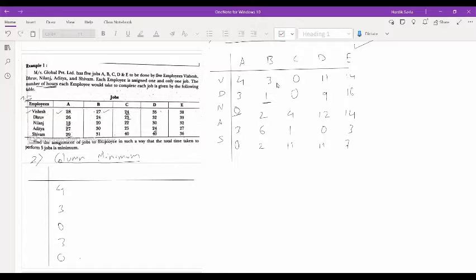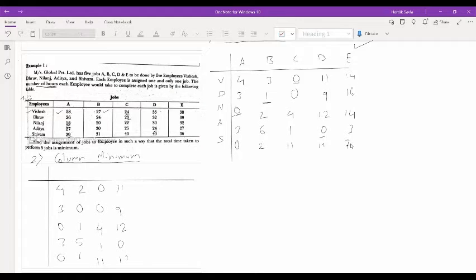So when you subtract 1 from all the values, they are going to change. 3 minus 1, 2, 1 minus 1, 0, 1, 5, 1. In the third column, again minimum value is 0, so all the values are going to be the same. 4, 1, 11. The fourth column also, again minimum value is 0, so you can write the same values again.